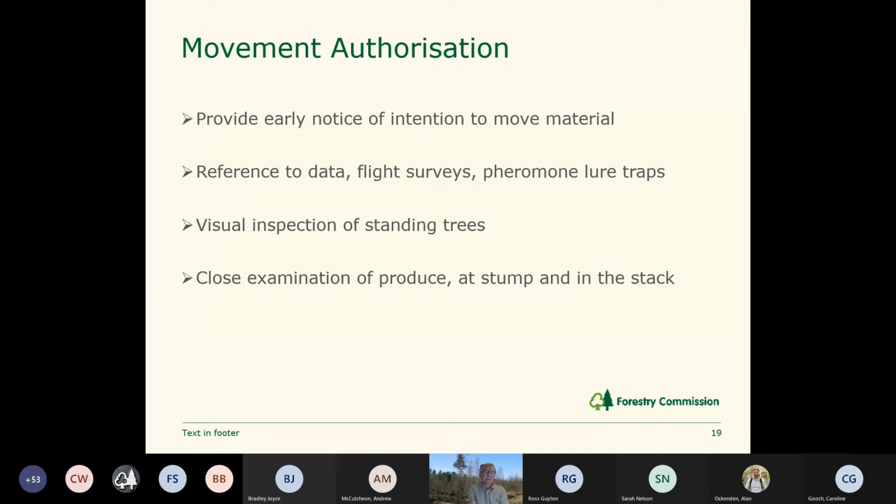And the material then has to move to a processor that meets our requirements in terms of how quickly they process that material, the manner in which they process it, the manner in which they handle any of the co-product, and the traceability of that material through their record keeping.